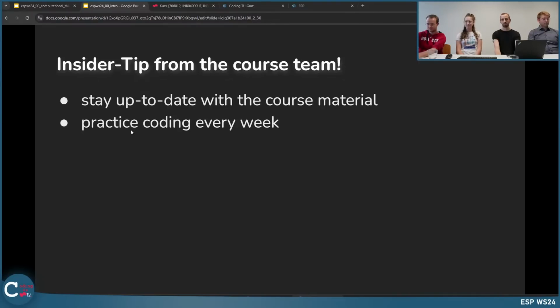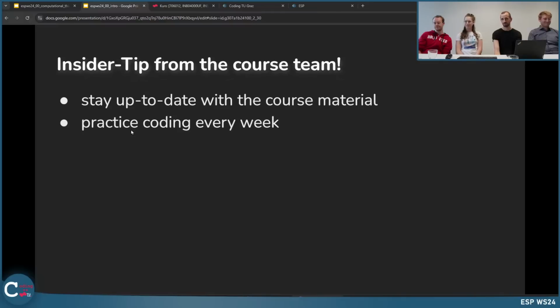So I want to emphasize it once again: watching somebody writing code is something different than writing your own code. I think we all experienced that. And please, this is very important: try to practice as much as possible on your own.